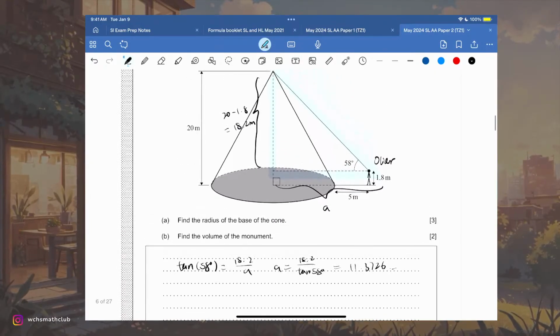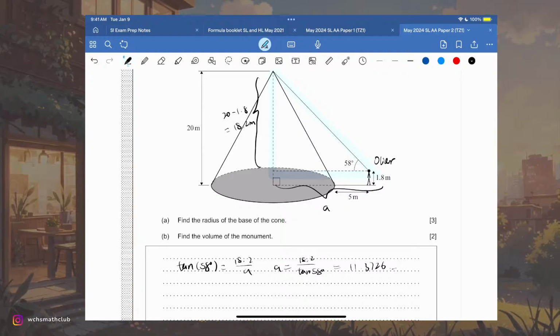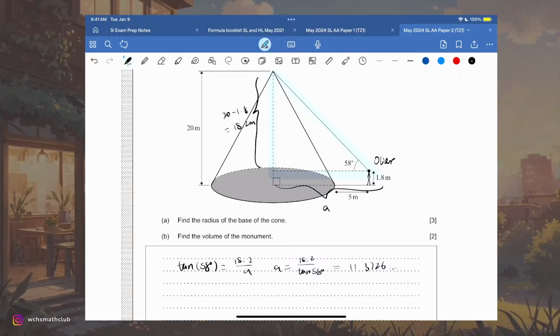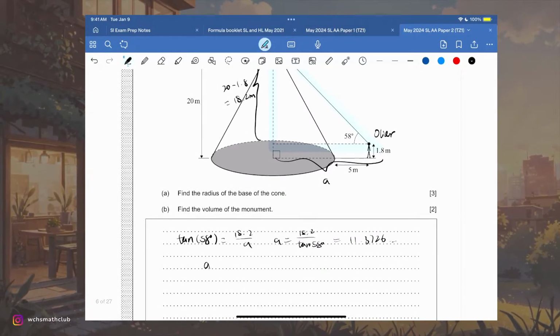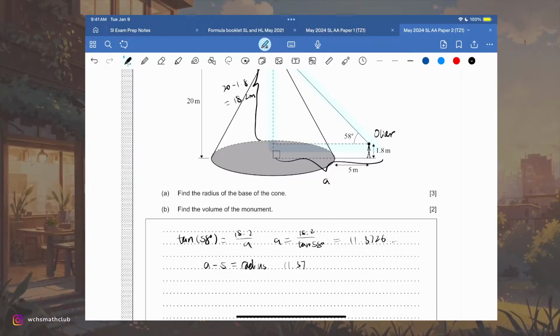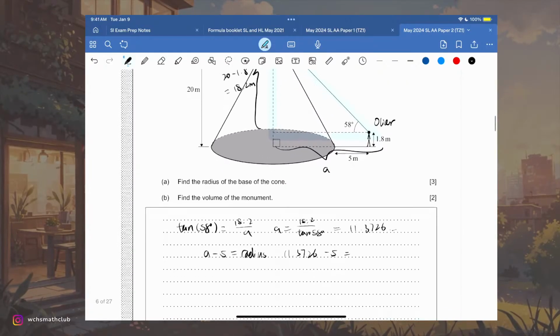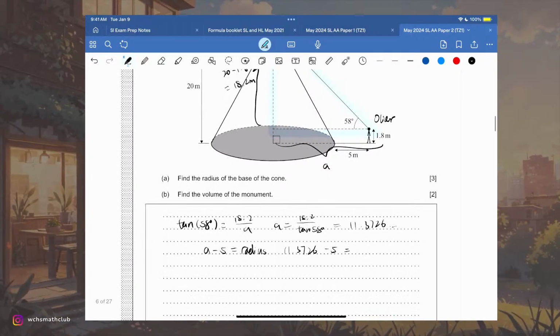However, we were asked to find the radius of the base of the cone, not the distance from the center of the cone to the person, so we actually have to subtract the 5 meters from A to get the radius. So A minus 5 is the radius. 11.3726 minus 5, so we get a radius of 6.37 meters.